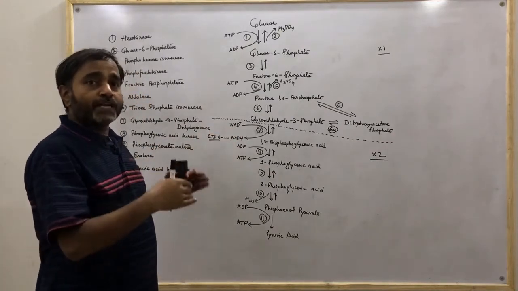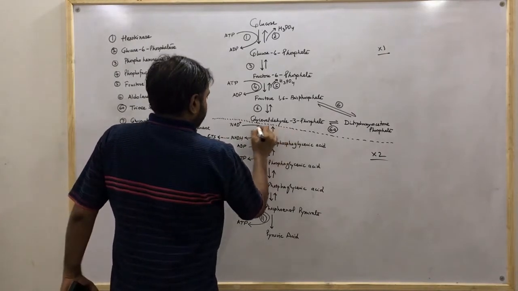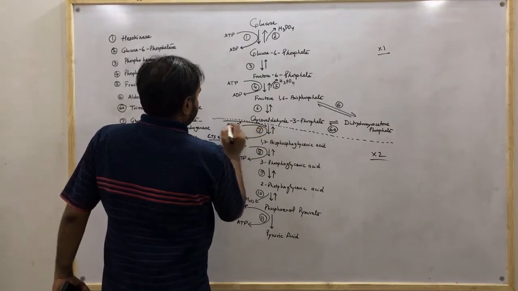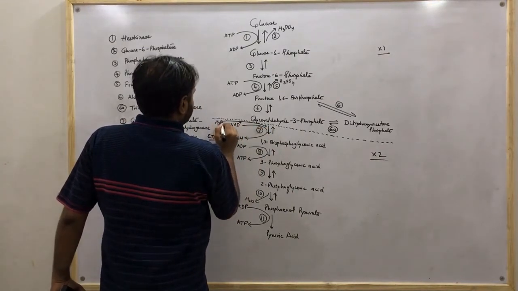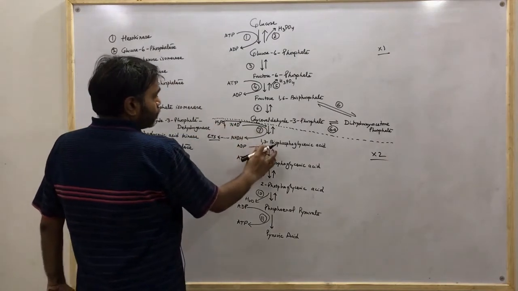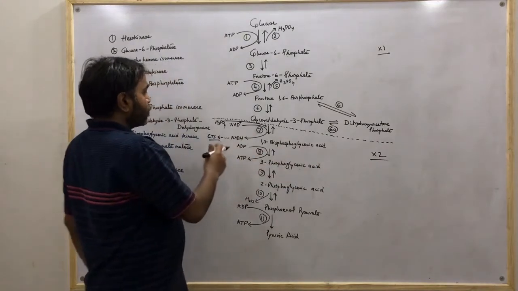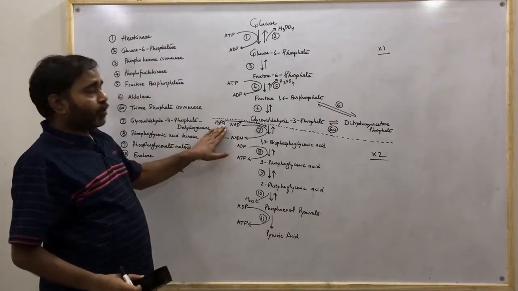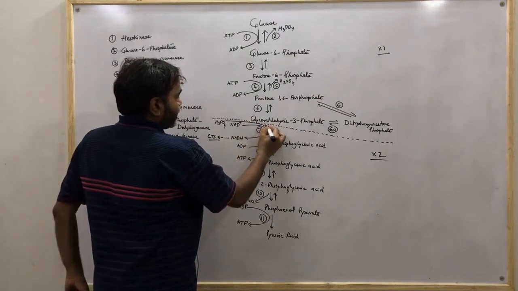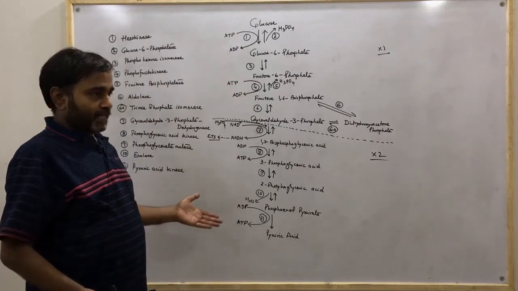Phosphate is getting associated. So we can write H3PO4 is getting added, because here you will see two phosphates are getting associated with that of glyceric acid. So H3PO4 will get associated in this step. So we need to write it like this. So these are the things which we may additionally represent in this.